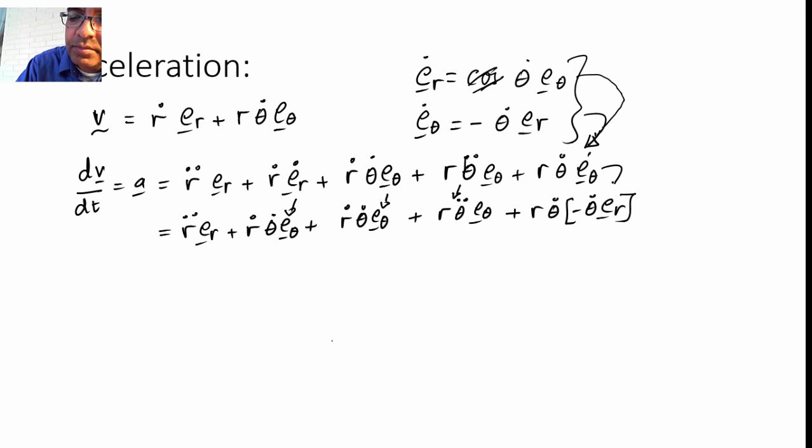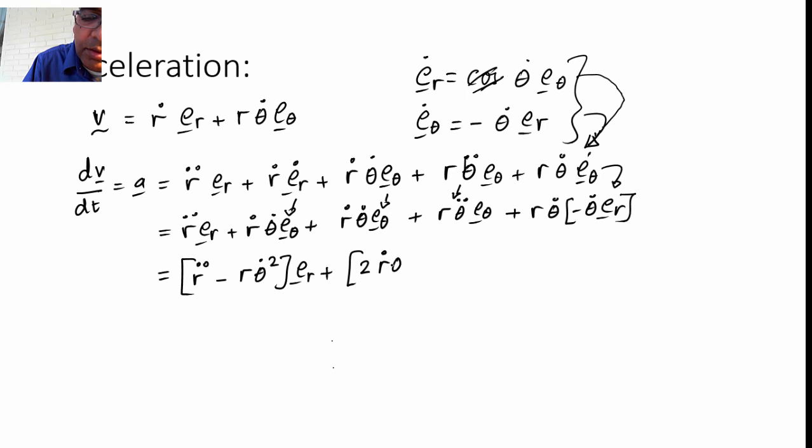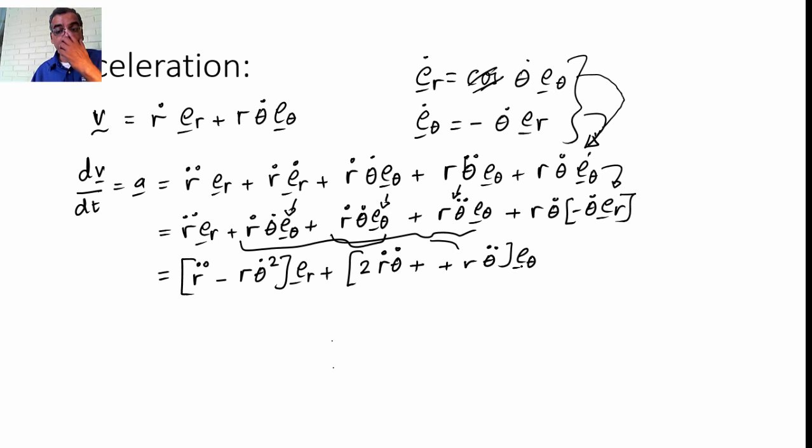That's this bit. Group the terms, and you will get r double dot minus r theta dot squared, e_r, plus 2 r dot theta dot, these two terms, plus r theta double dot, e theta. So that's how it goes.